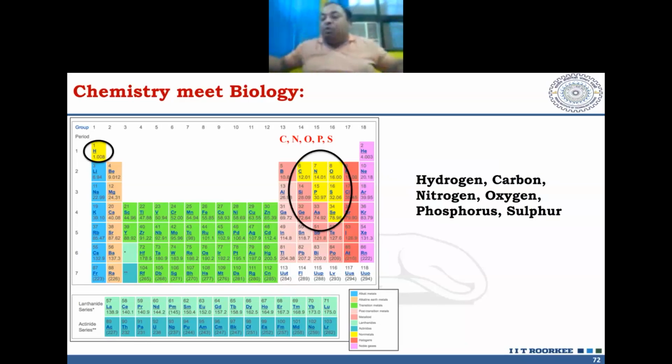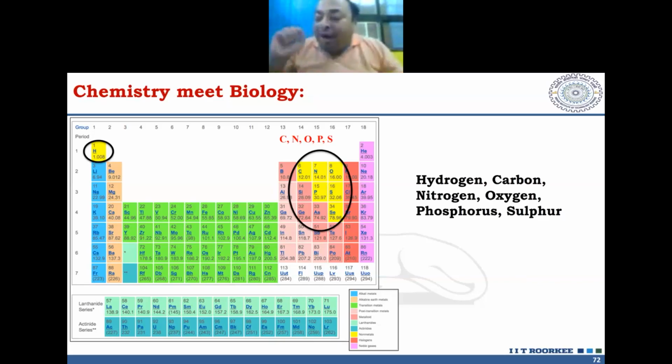Coming to my favorite topic, which I name chemistry meets biology. The entire biological world is so big, right? But you would be surprised to see that the entire biological world is developed with hydrogen, carbon, nitrogen, oxygen, 95% or even more than that, and phosphorus and sulfur, the rest of that.